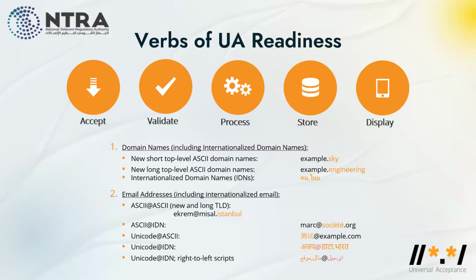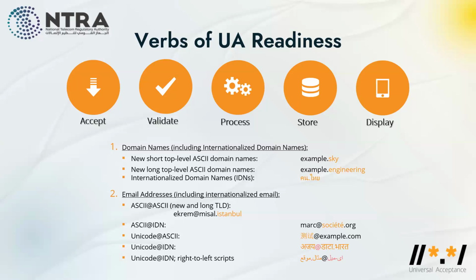It means that your application could accept the domain name or the email address from the user, entered into the text field, maybe in a web form, or your application itself reads this domain name or email address from a file. Maybe the input for your application is not the user, maybe the input is the file itself.